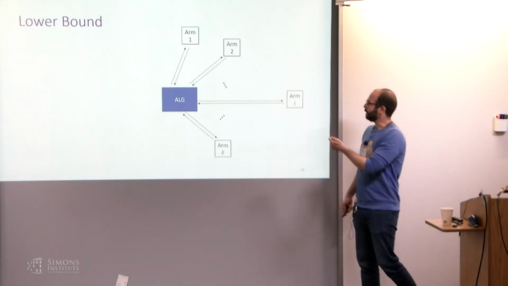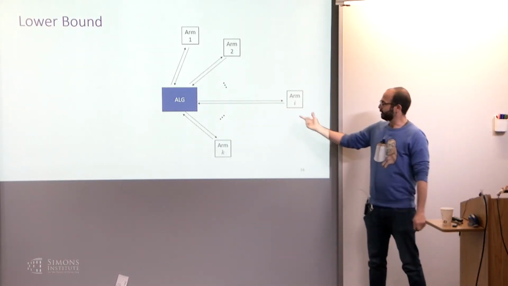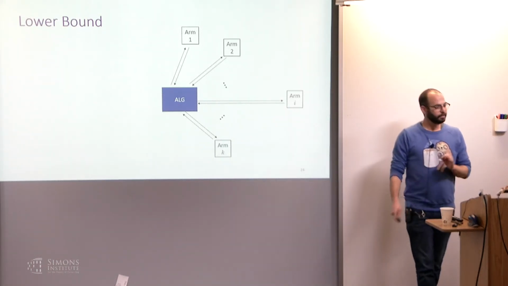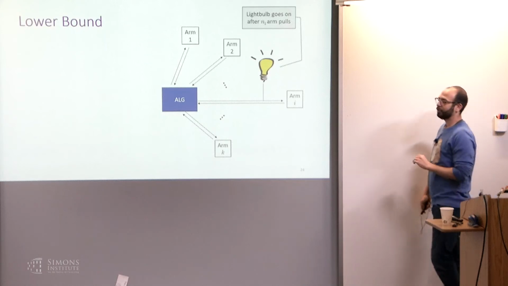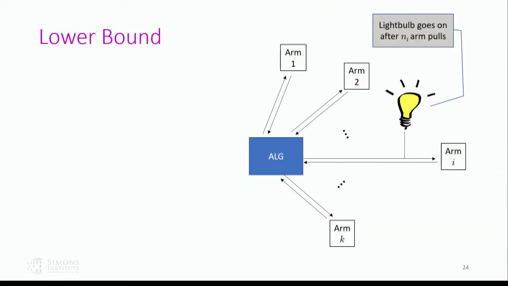It's going to be for arm 1 and all arms. And let's say that for arm i, we're going to put a special light bulb that's going to turn on after we make at least n_i calls. So we just argued that when all draws of arm 1 are coming from Q, from that distribution where it's the leading arm, the probability that the light remains off is polynomially small.